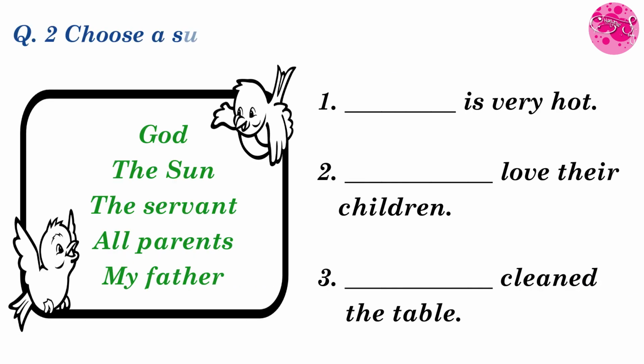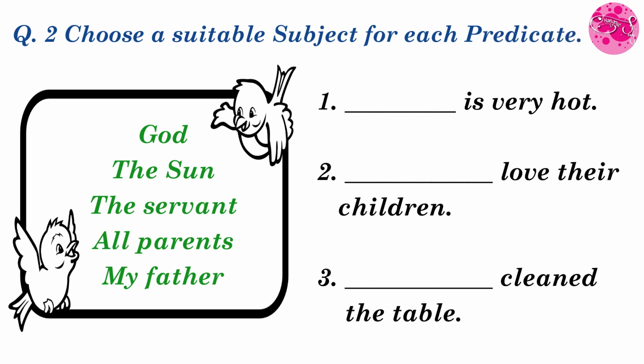Question number 2. Choose a suitable subject for each predicate. Here they have given the subjects in the bracket. We have to choose the correct subject and place it in the sentence, because the predicate is given. First one, dash is very hot. What is very hot? God, the sun, the servant, all parents, my father.